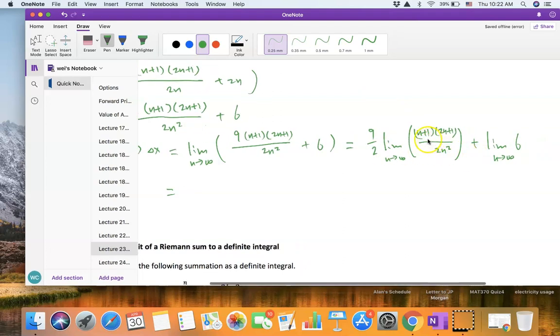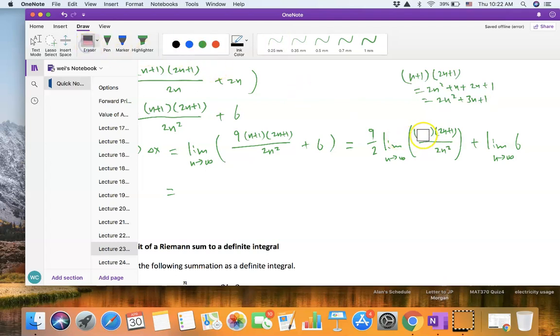For the first limit, this limit has the form infinity over infinity, because the numerator, if we multiply it out, n plus 1 times 2n plus 1, this is 2n squared plus n plus 2n plus 1, so that is 2n squared plus 3n plus 1.